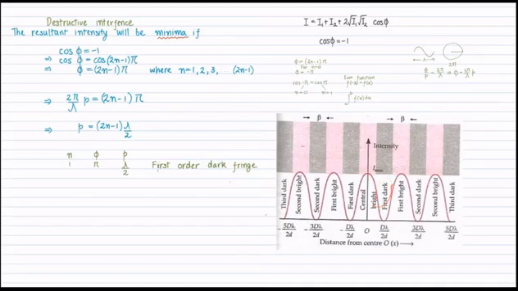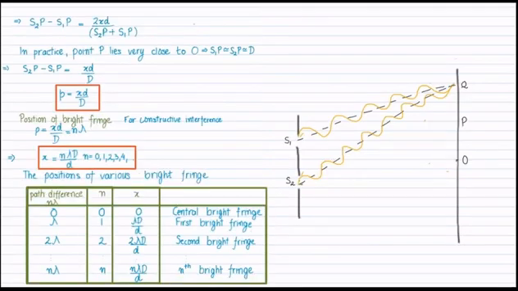Fine. And this is the distance from the center. Okay, to find out the distance, I have already derived this relation. What was the relation? You can go back to your lesson number 31. In lesson number 31, I have derived the equation for the position, where x equals to n lambda D by d, and this corresponds for the bright fringe.